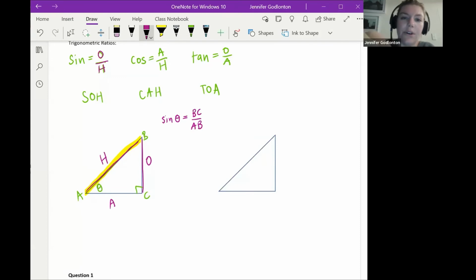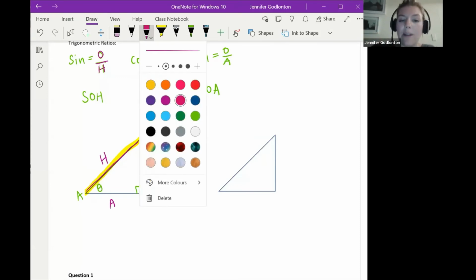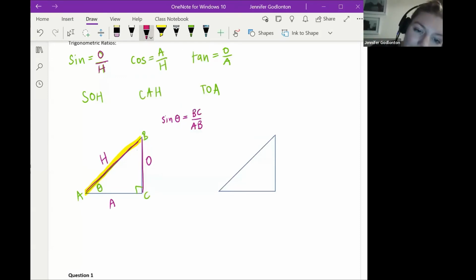Okay, so next one, I'm going to make this alpha there. If I'm wanting to know what tan alpha is. Oh no, let me not do that just yet. Let me not be that nasty. If I want to know what tan theta is, what would that be as a fraction?